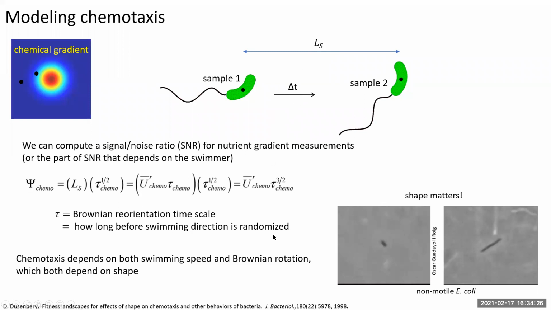The tau has to do with Brownian motion. Here's an example of some dead, or at least incapacitated, E. coli just bouncing around due to Brownian motion. And if you squint, you will hopefully notice that this elongated cell is bouncing around a lot less.